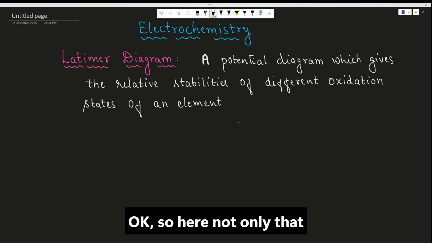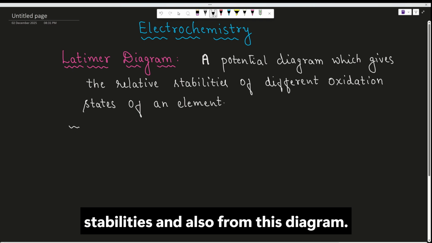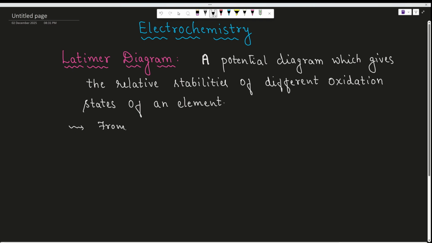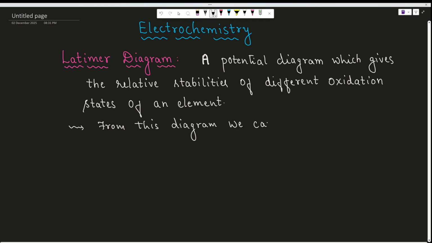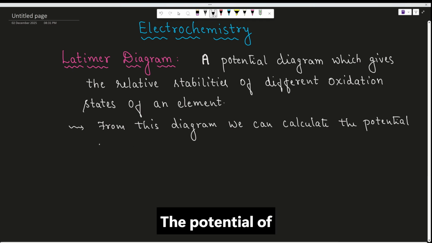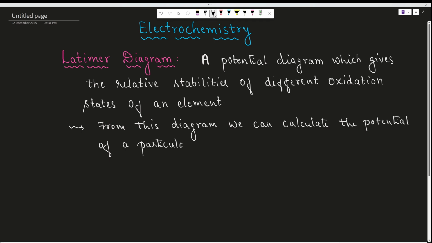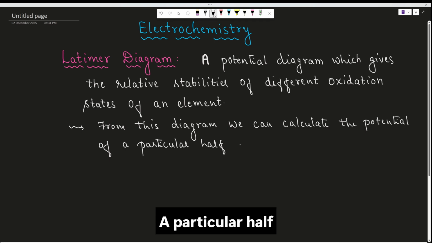Okay, so here not only that, one is to get the relative stabilities, and also from this diagram, we can calculate the potential of a particular half cell reaction.